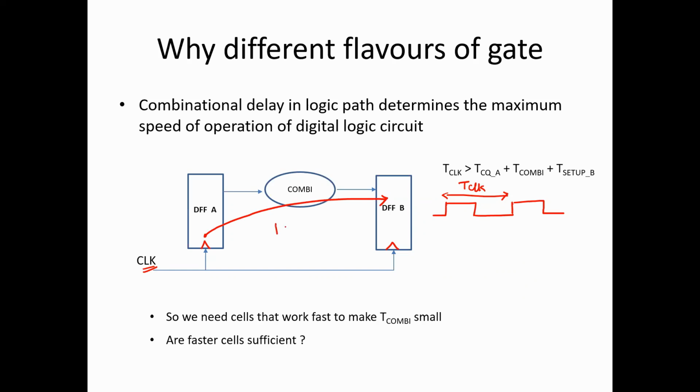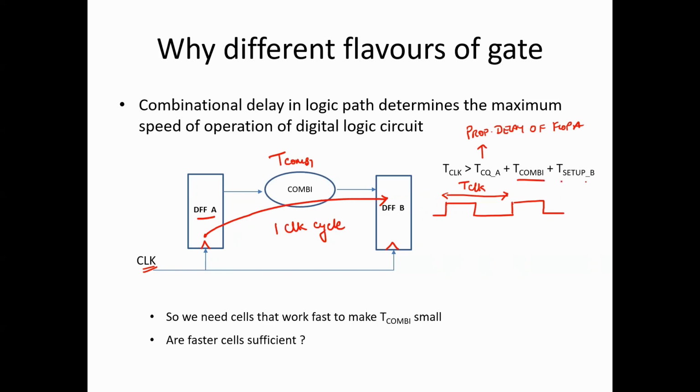The time duration for this is 1 clock cycle. So the propagation delay of flop A, that's what I call as T CQ of A. This is the propagation delay of flop A. T comb is the propagation delay of the combinational circuit. This is the T comb, the propagation delay of the combinational circuit.